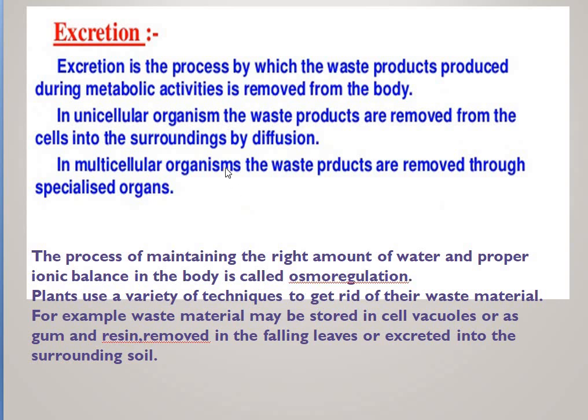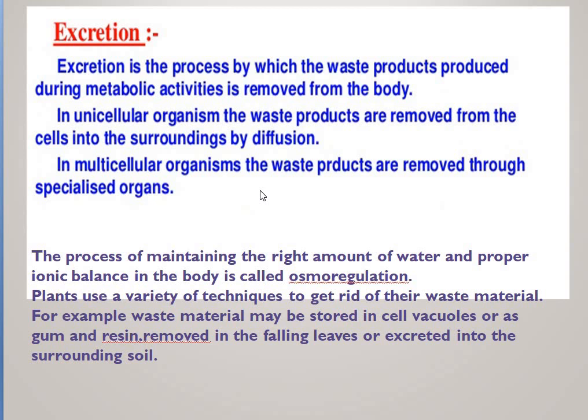Now in case of unicellular organisms, the waste products are removed from the cells into the surrounding simply by the process of diffusion. Because in unicellular organisms, the cells are very simple. Their body organization is simple. So diffusion alone is enough to take care of its excretory need.